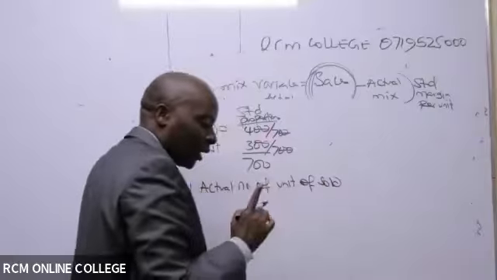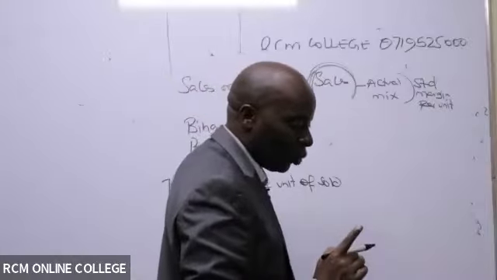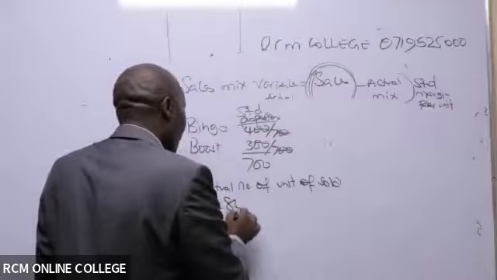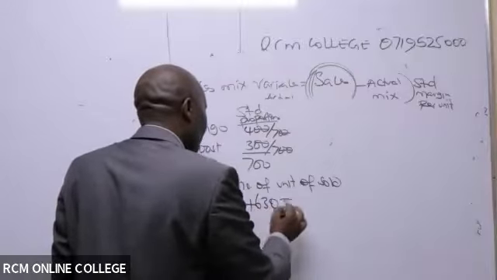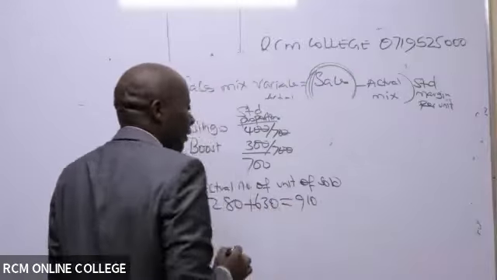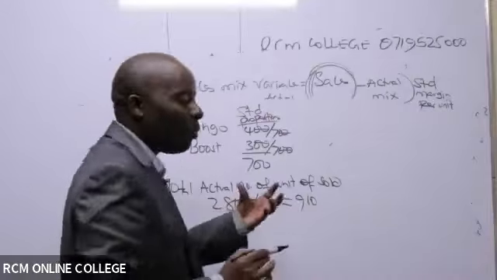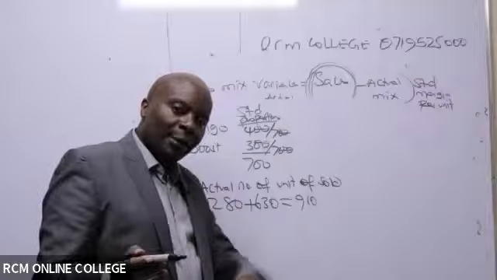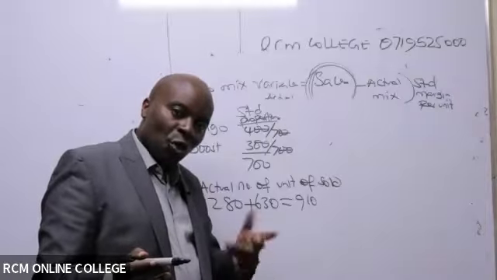I will look at the actual number of units sold. They were 280 plus 630, which gives us 910. If it was raw materials, I would have spoken about the actual inputs, but these are sold units.